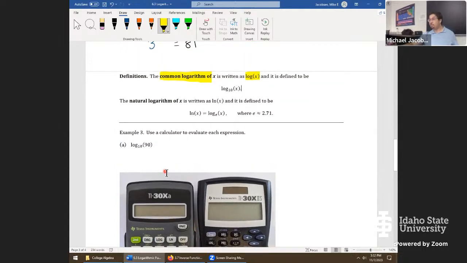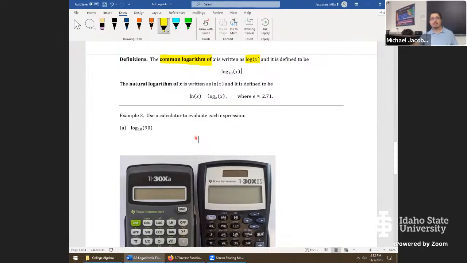Then the other really, really common logarithm, the one I misspoke a couple times on accident, is the natural logarithm. The natural logarithm is written out this way. Just ln for natural logarithm. And someone asked me this in class once a number of years ago, so I'll give this information back. I had to research this.